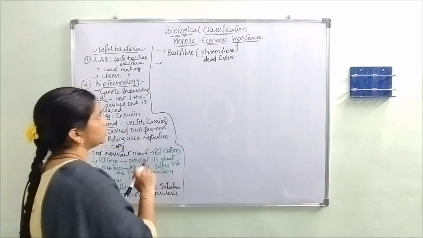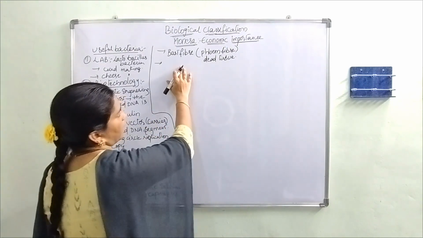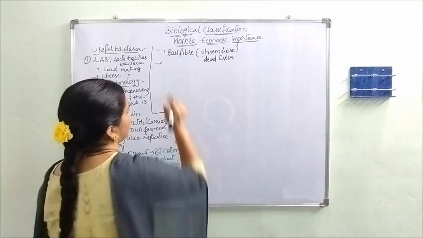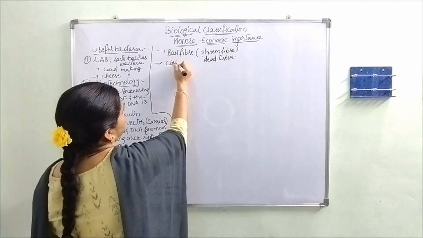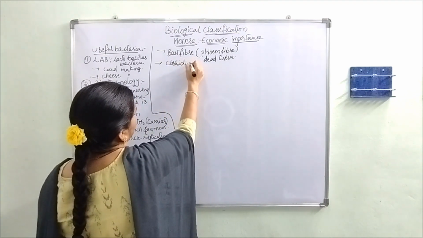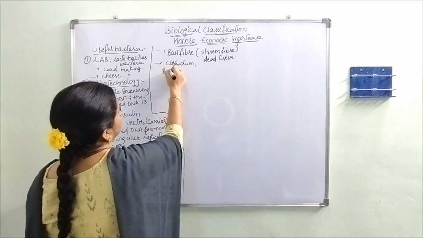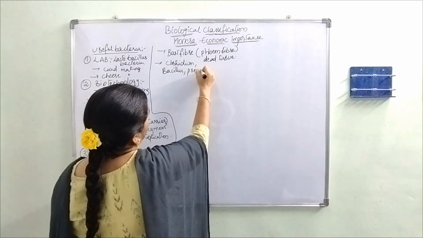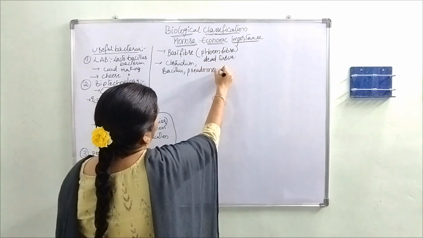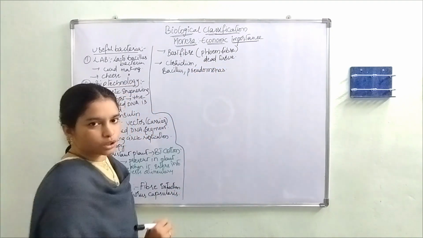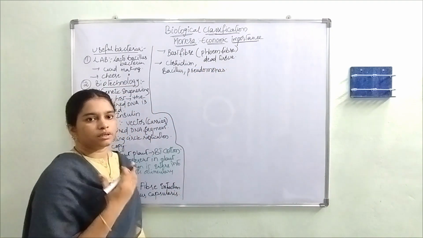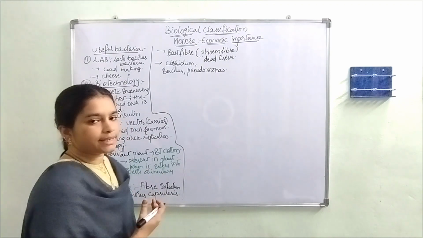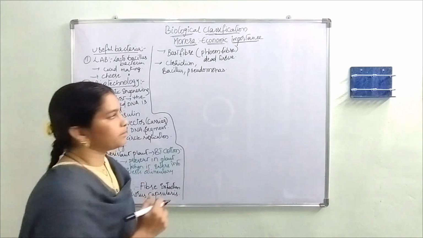The bacteria used in the extraction of the fiber are Clostridium, Bacillus and Pseudomonas. These are the bacteria used in the extraction of jute fiber. How do these bacteria extract the jute fiber?